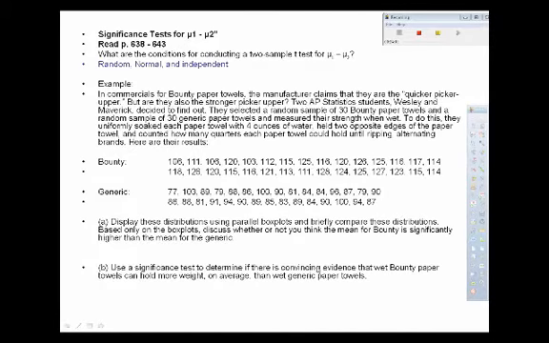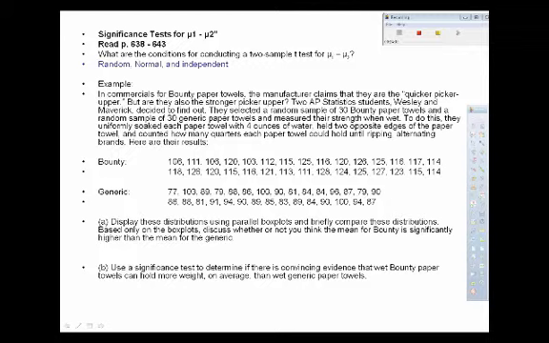New problem. In commercials for Bounty paper towels, the manufacturer claims that they are the quicker picker-upper, but they are also the stronger picker-upper. Two AP statistics students, Wesley and Maverick, decided to find out. They selected a random sample of 30 Bounty paper towels and a random sample of 30 generic paper towels and measured their strength when wet.